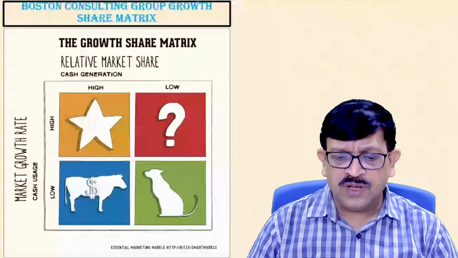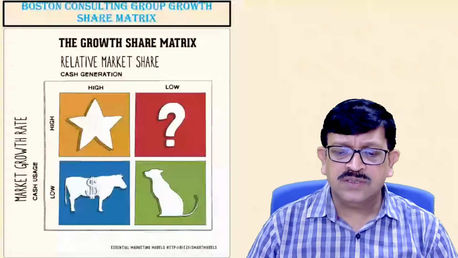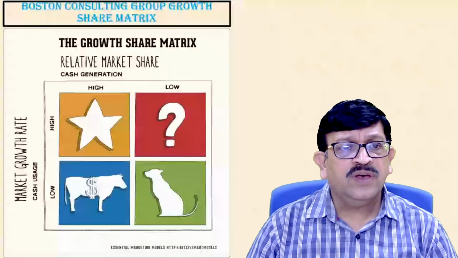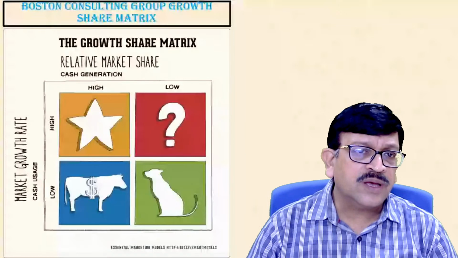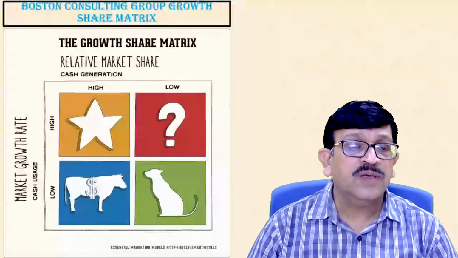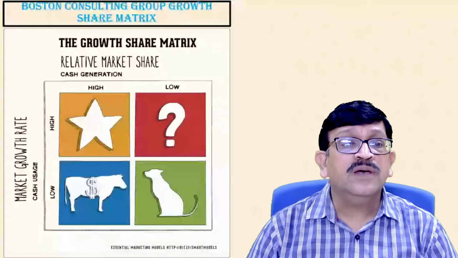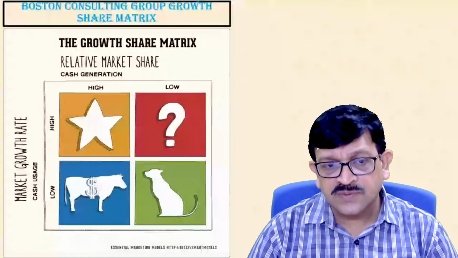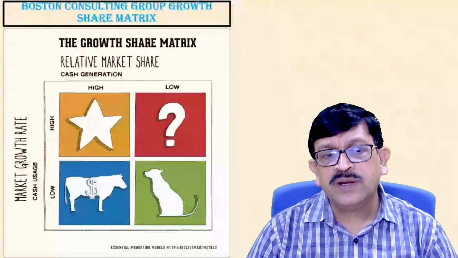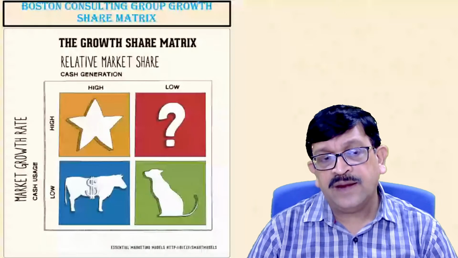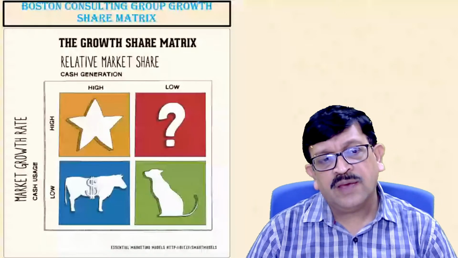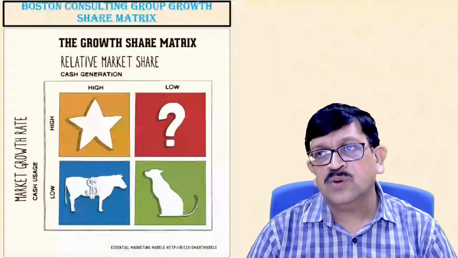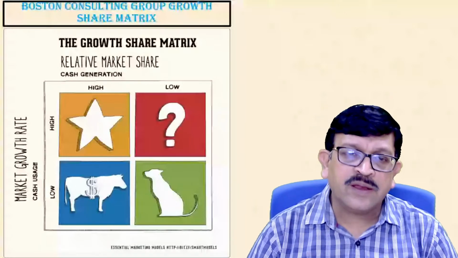Now, going to the third one, which is called the cash cow. This is a business where you have a high market share, but the growth rate starts falling. I will not say it is low, but it starts falling. In certain markets, if you have a very high market share but the growth rate is low, initially you may get a lot of money.